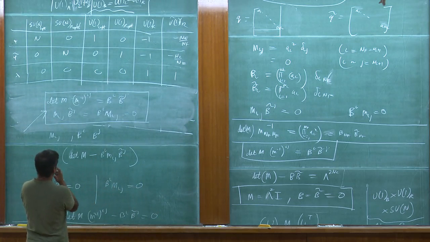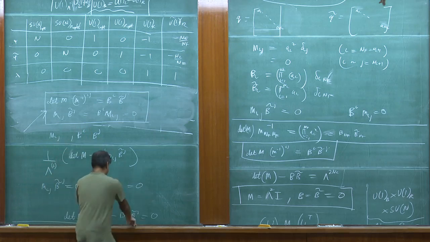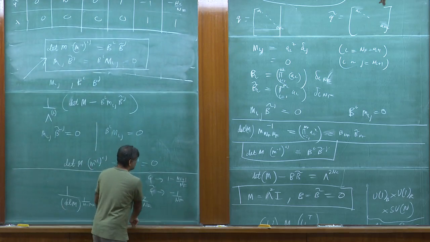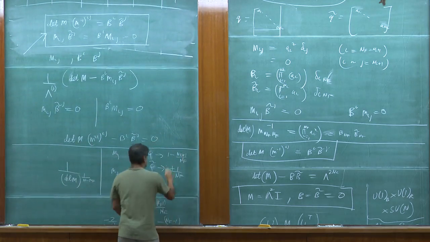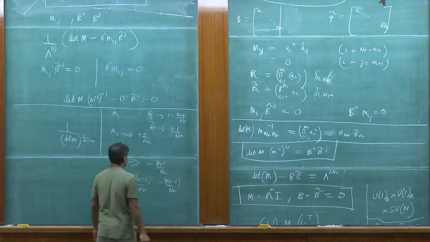I clearly did it wrong because that was minus NC. NC is smaller than NF. Let me do it again. Minus NF minus 1. So plus what by NF? Plus 2 by NF.